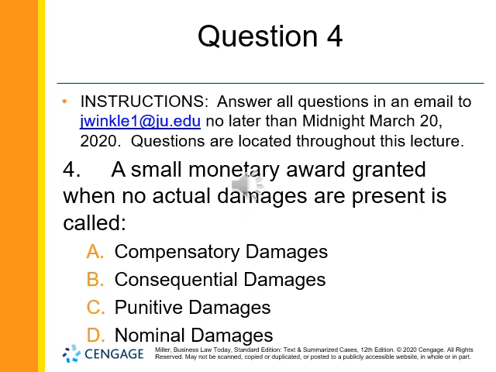A small monetary award granted when no actual damages are present is called A. Compensatory damages, B. Consequential damages, C. Punitive damages, or D. Nominal damages. Once again, please associate the number of the question with the letter of, hopefully, the correct response in the email that you will be sending me.